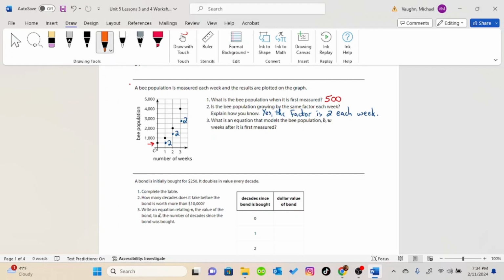And number 3, what is an equation that models the bee population B, W weeks after it is first measured?